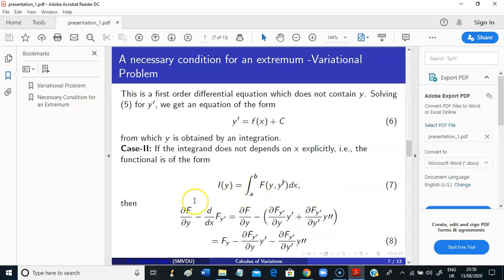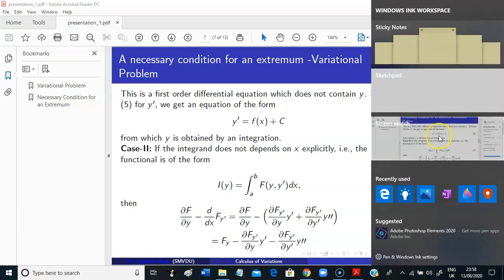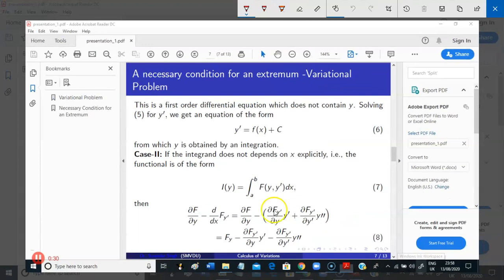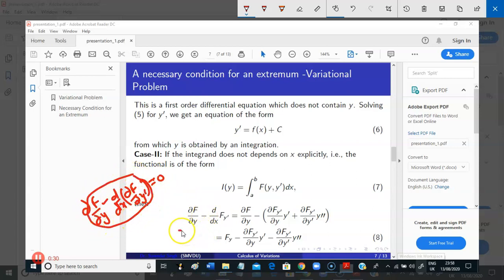Now if we simplify the Euler form in this situation, you already know that the Euler equation is ∂F/∂y minus d/dx of ∂F/∂y' equal to 0. So in this situation we are trying to solve the left hand side part. So here this left hand side part is written and we are going to solve it.